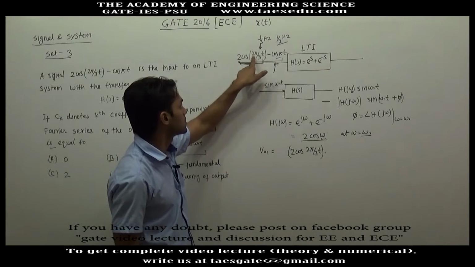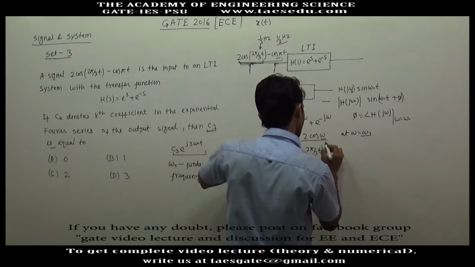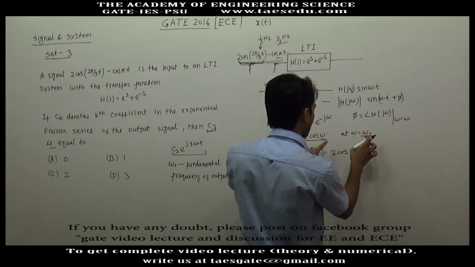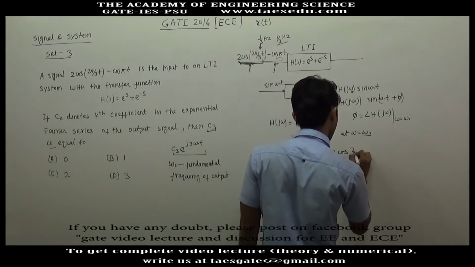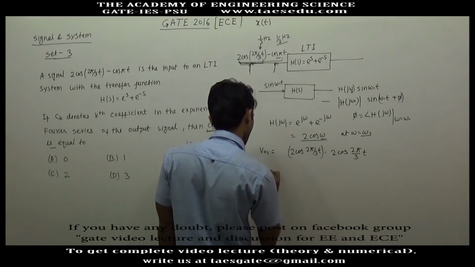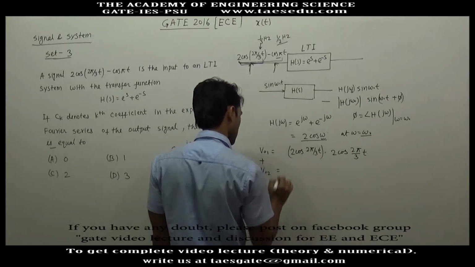The source frequency is 2π/3 here. The value of H(j omega) is 2 cos omega, and in place of omega we have omega naught, which is 2π/3. The total output will be V01 plus V02.